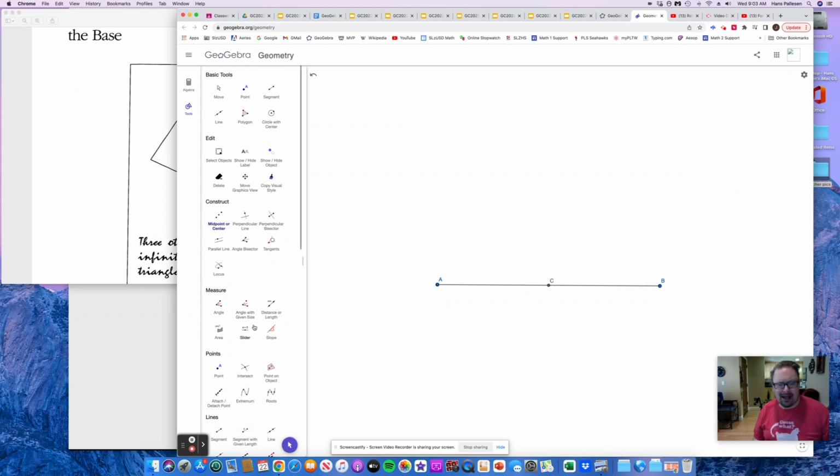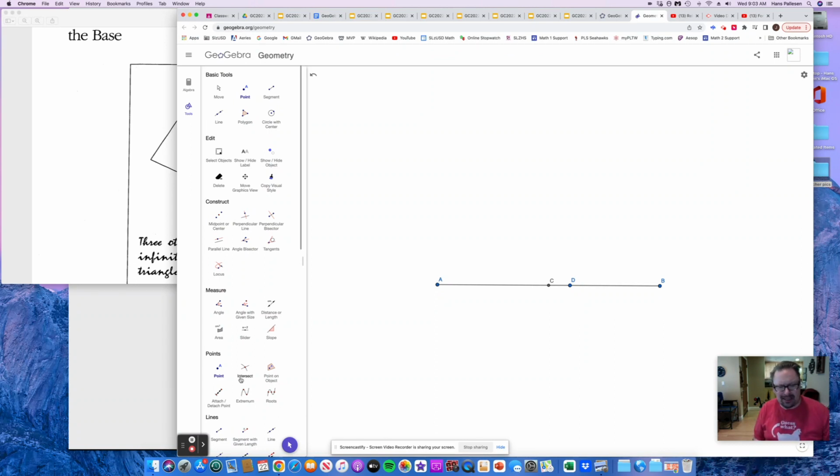And then we want another point on this segment that's greater than halfway, which is AC. So greater than AC would be a measure out here. And we'll hide those points later, but that's where we're going to use to make our isosceles triangle.